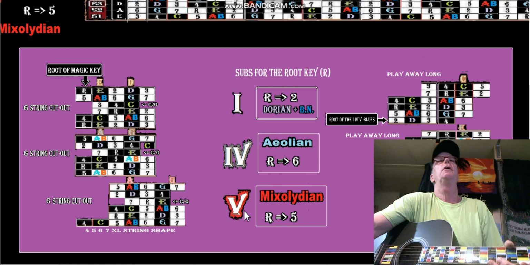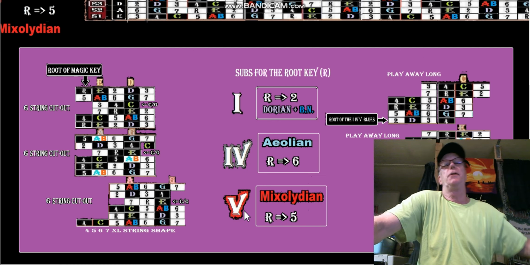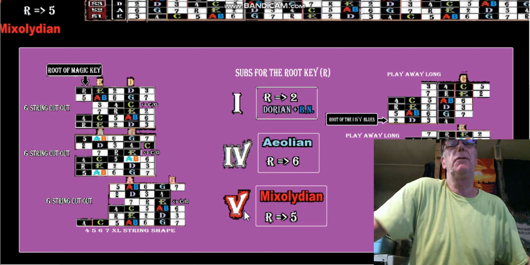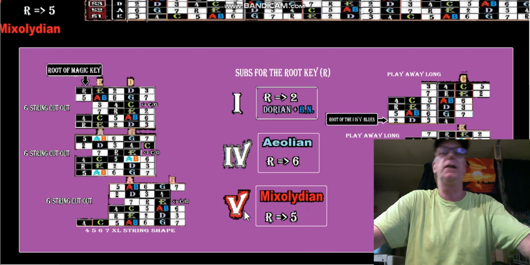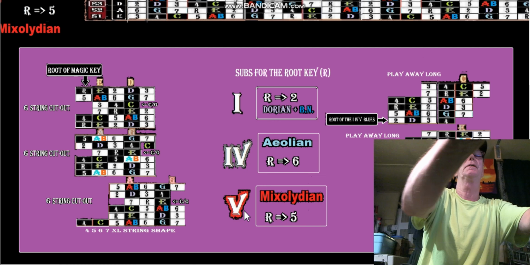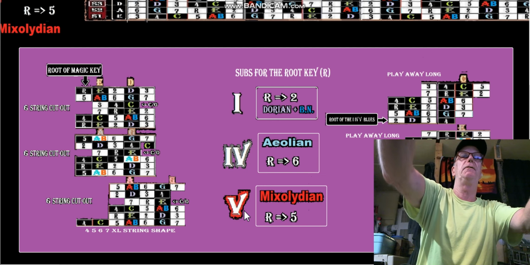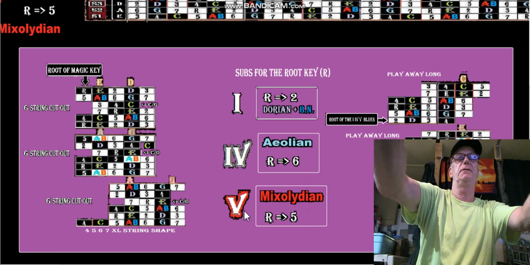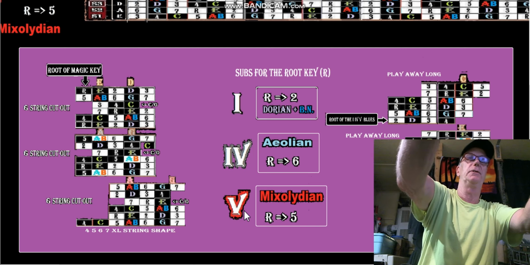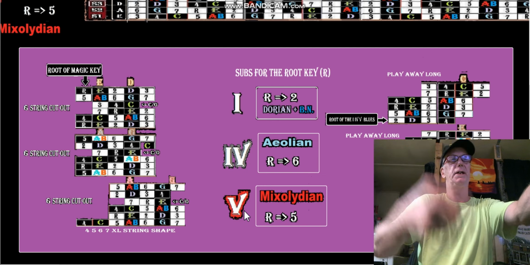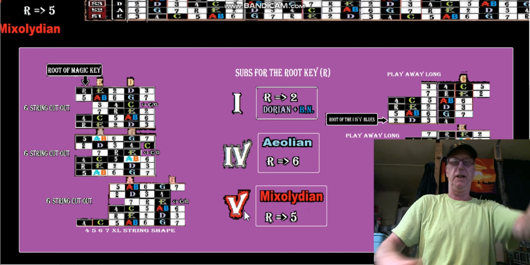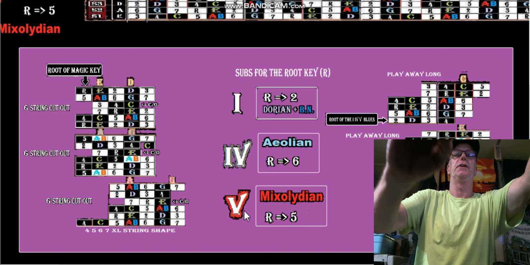So the question becomes, where is the 3rd blues note? Now, of course, in the blues, we can always just add 3 blues notes. We have a C here, and we can add the 3rd flat, the 5 flat, and the 7 flat. And by the way, I apologize for this loose key here, because it's going right down to the microphone. So you have to add 3 blues notes there.